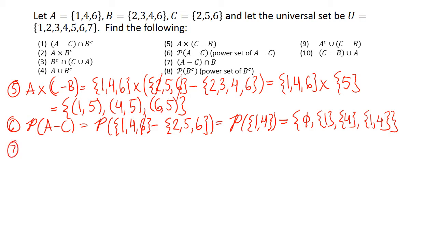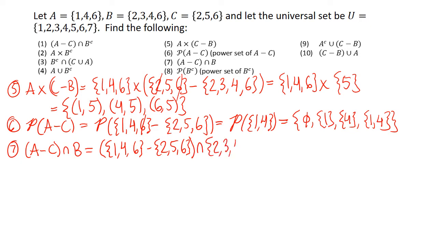Okay, number 7, A minus C intersected with B. So we just did A minus C, so that part's not too bad. So this is 1, 4, 6, minus 2, 5, 6, and then intersected with B, which is 2, 3, 4, 6. Okay, so I'll do the parentheses part first.